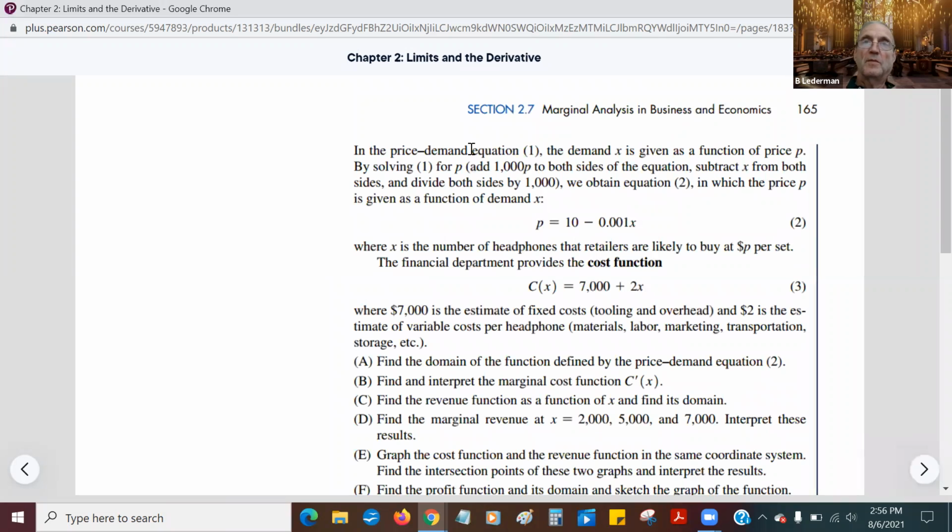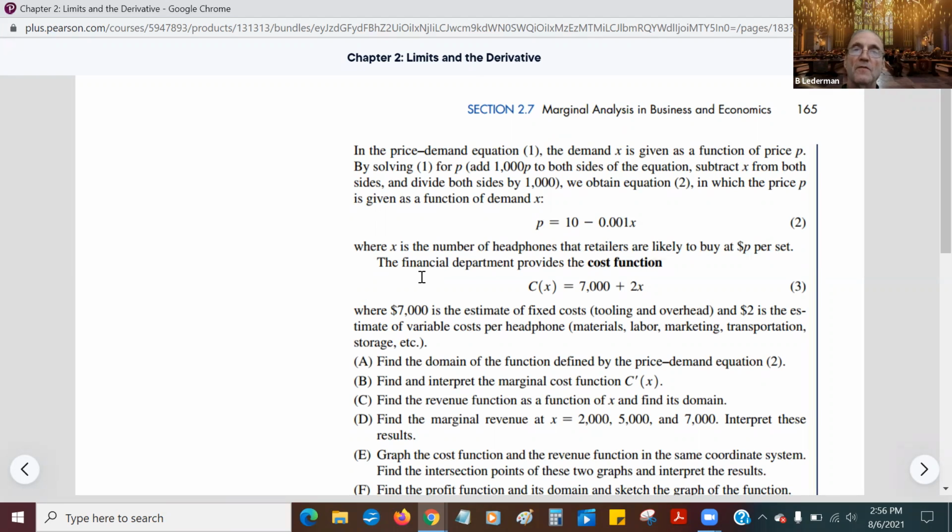In the price-demand equation, the demand x is given as a function of price p. By solving for p, which is just simple algebra, we get p equals 10 minus 0.001x, where x is the number of headphones that retailers are likely to buy at p dollars per set.